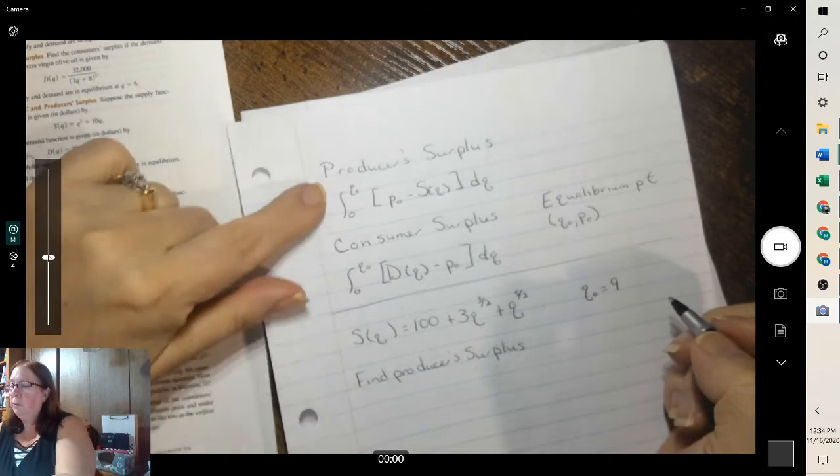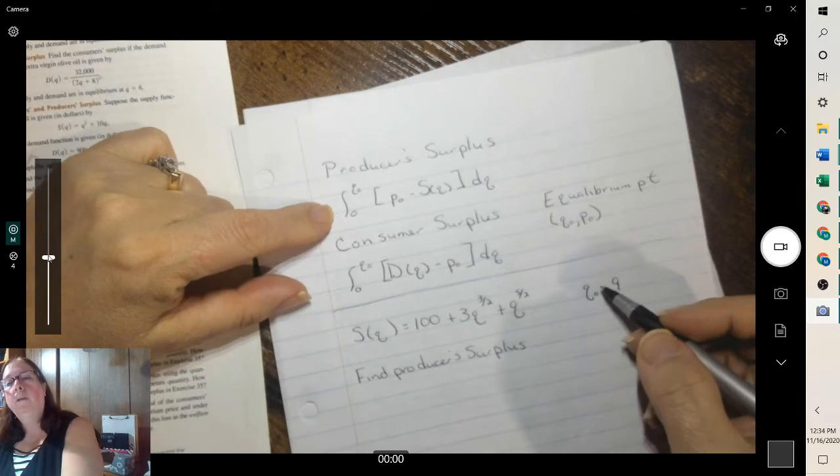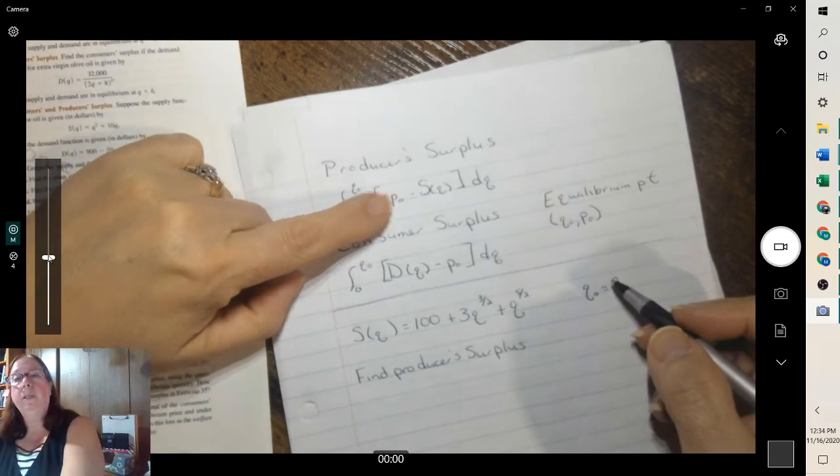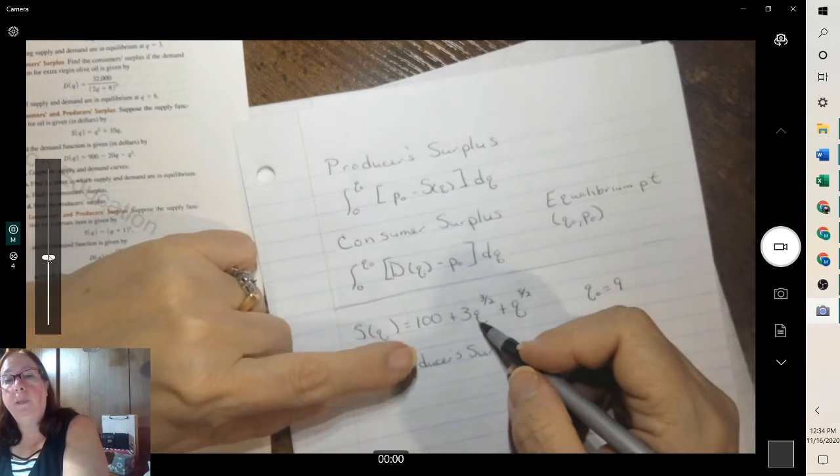So for producer surplus, we're using this formula. We have Q sub 0, but we need P sub 0. Well, to find it, you just plug it in here.